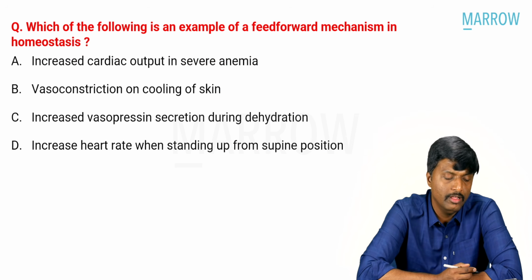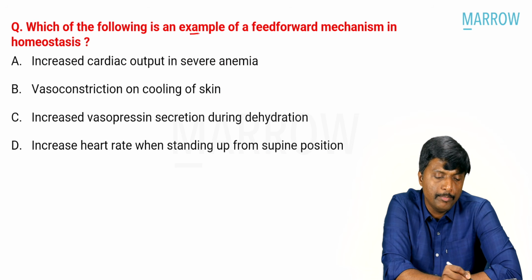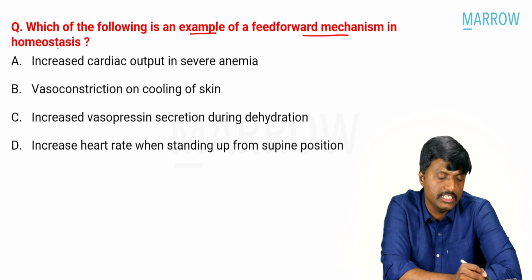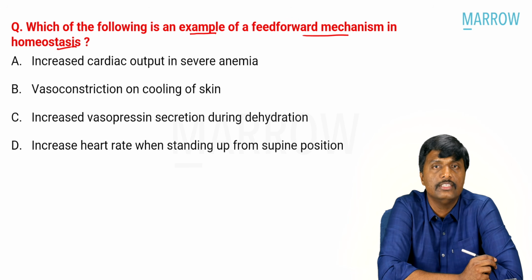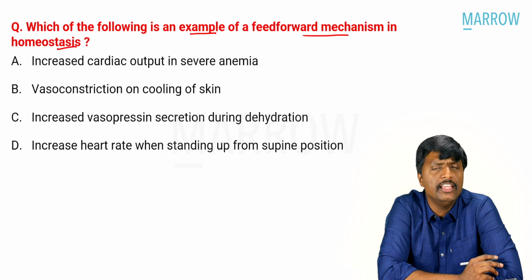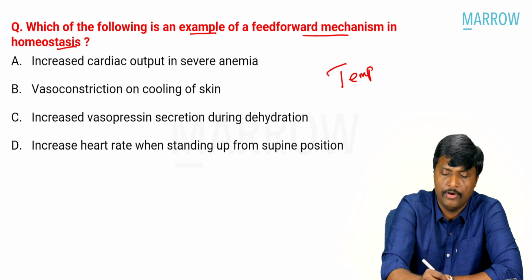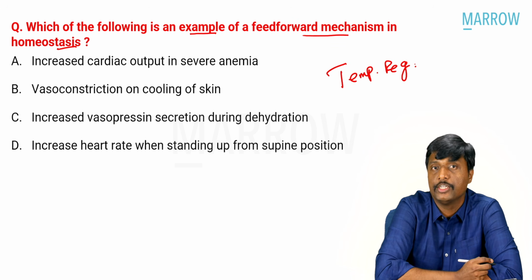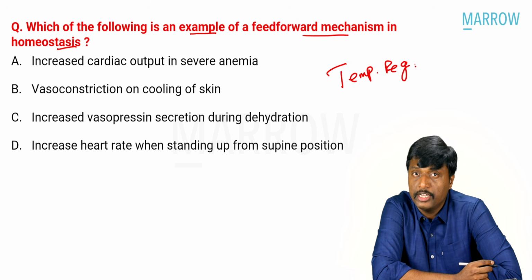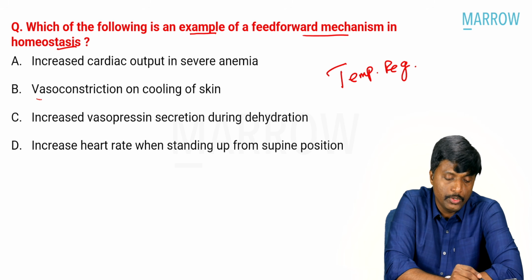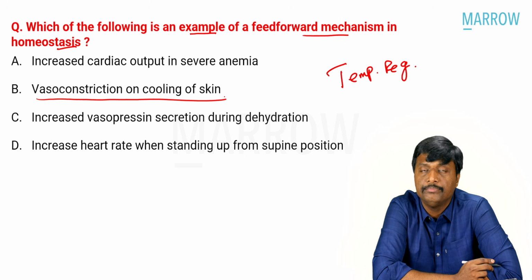Next question. Which of the following is an example of a feed-forward mechanism in homeostasis? See, in a twisted way, they always ask this question, feed-forward mechanism. Always remember, guys, the most important example is always temperature regulation. So, anything concerned with temperature regulation here, vasoconstriction on cooling of skin.